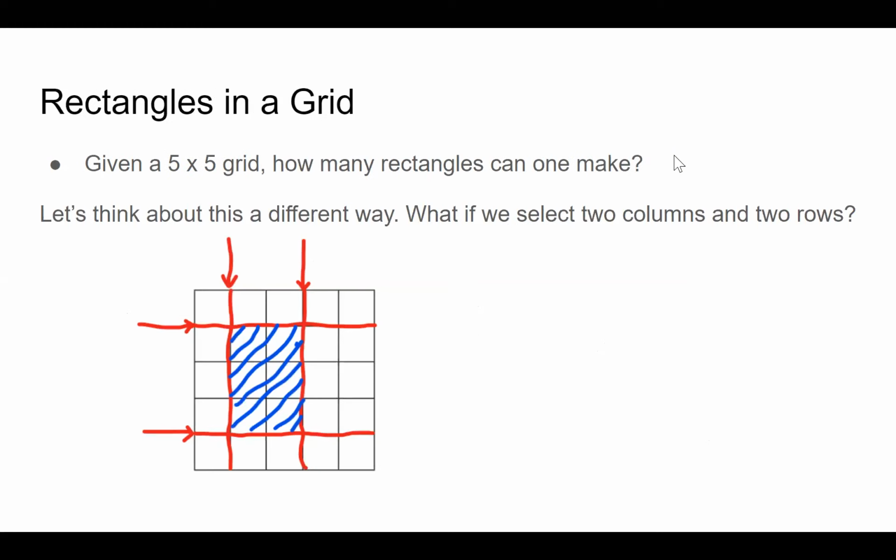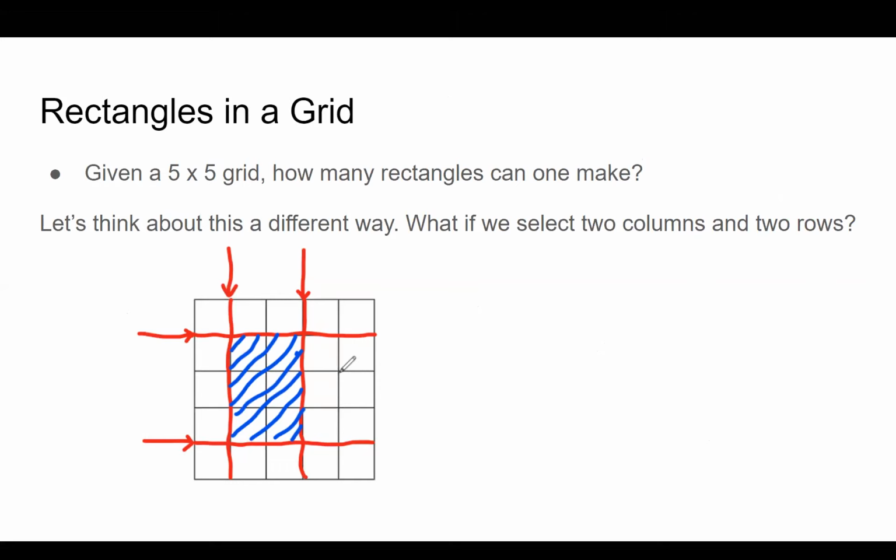So let's think about this question in a different way. Let's select 2 columns and 2 rows, and this creates a rectangle. We can think about how every rectangle is defined by 2 columns and 2 rows.